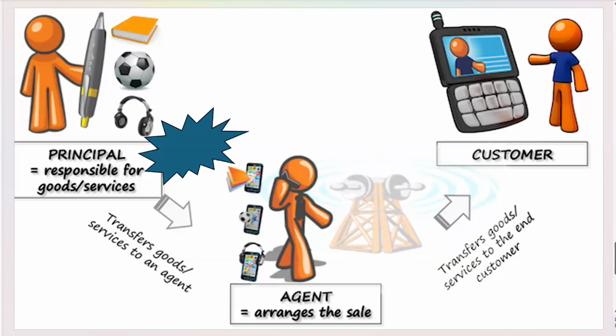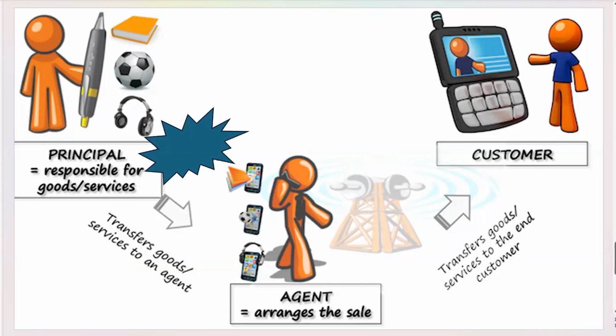So the third party is the customer. So if the customer buys the product and obtains control, then only can the agent and the principal, both of them, recognize revenue, only when the customer obtains control of the product. So it is not when the principal delivers the product to the agent. It is when the customer obtains control of the product. That's when you can then go ahead and say the performance obligation was satisfied.